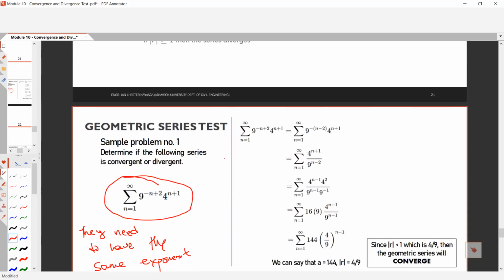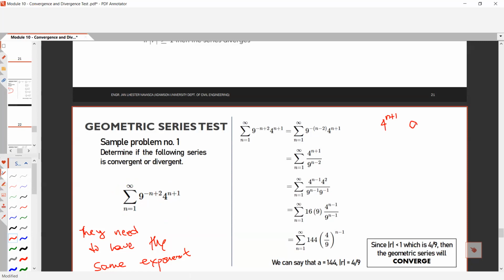So how do we do that? Let's simplify the negative n plus 2. Since it is the one with the negative, we put it in the denominator. So 4 raised to n plus 1, then 9 raised to negative n plus 2.